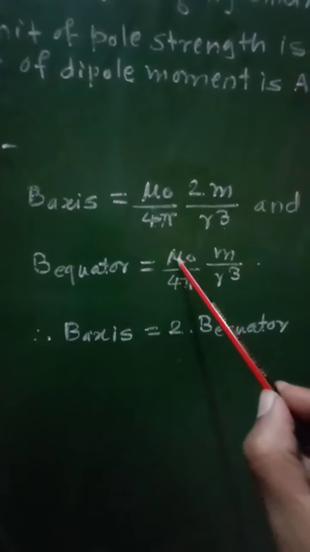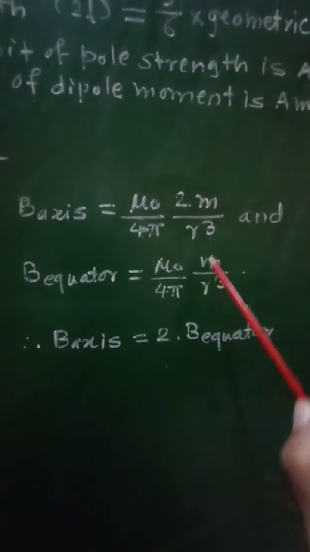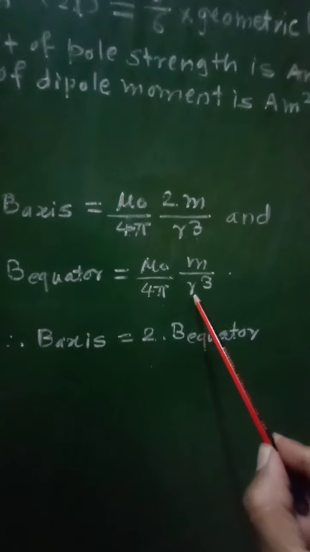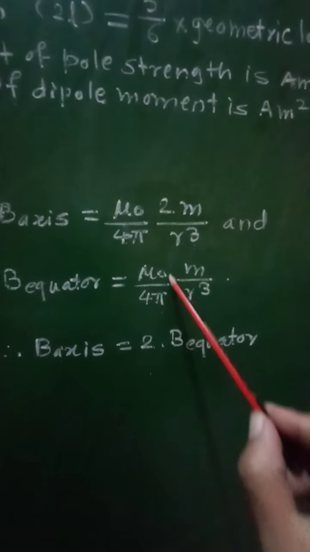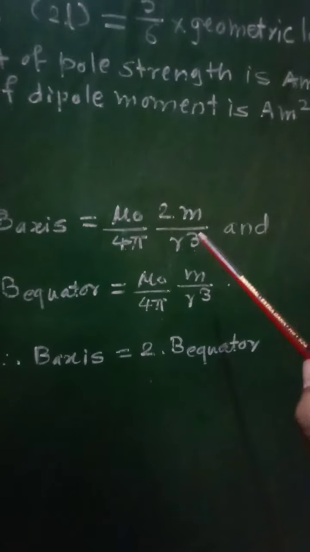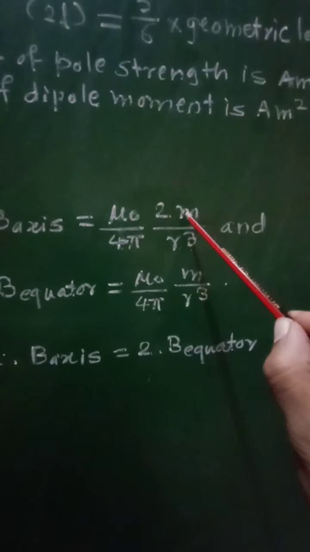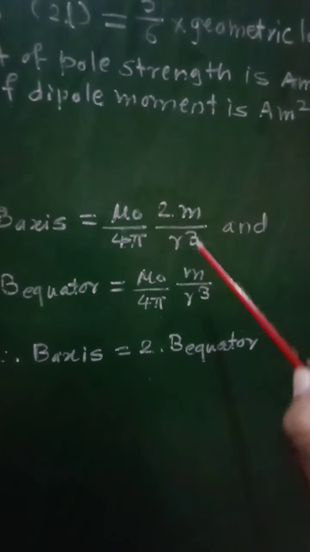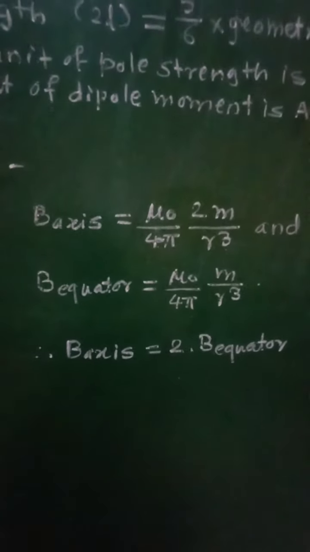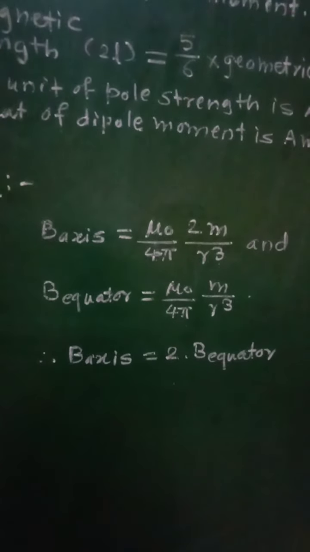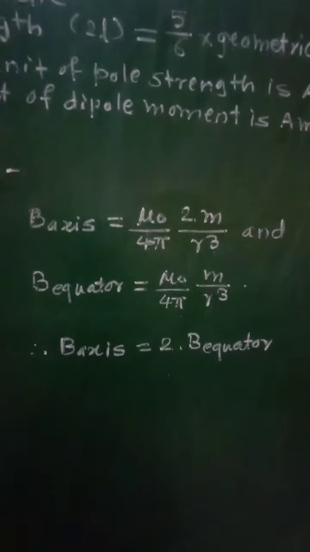In this formula again mu0 upon 4 pi is a constant. In magnetism, m represents the magnetic dipole moment of the bar magnet, and r is the distance of the point P from the center of the magnet.